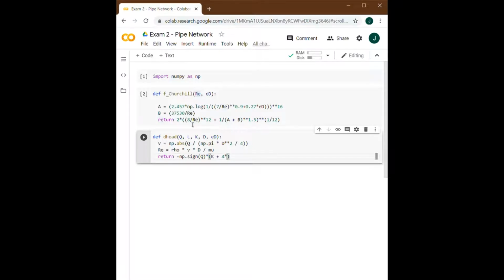So it's going to be 4 times F_Churchill. Then we put our Reynolds number and our internal roughness coefficient in here, just like we have up here, and that way we'll get the right answers as this returns.